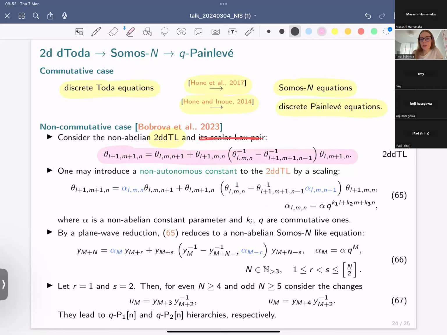And we can consider continuous limits for this relation, and as a result, we can obtain well-known non-abelian semi-discrete or continuous Toda systems, Toda lattices.